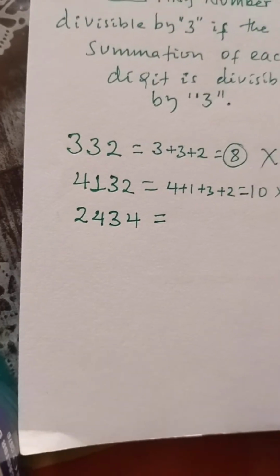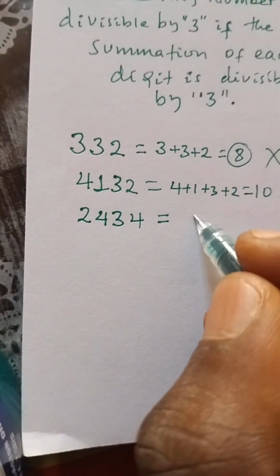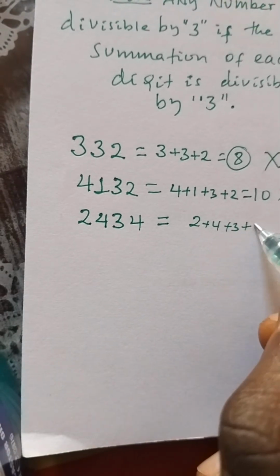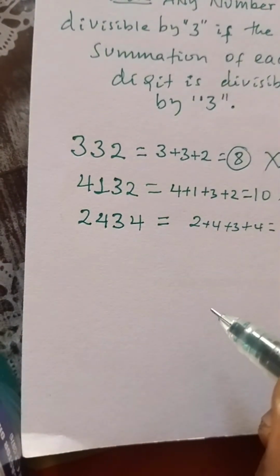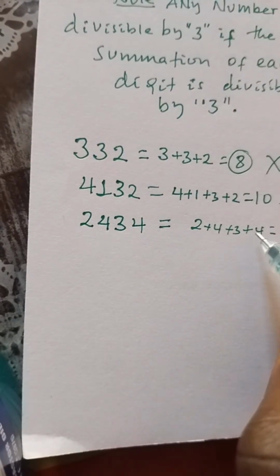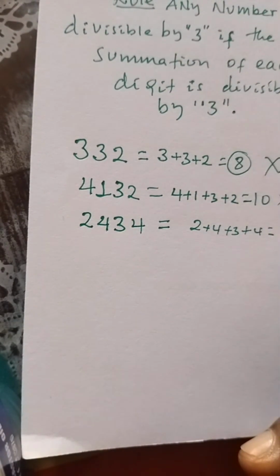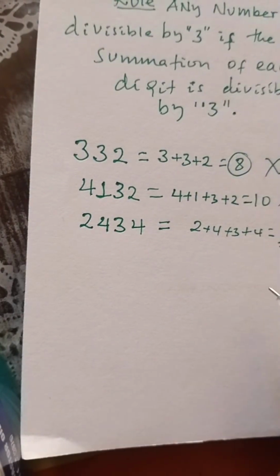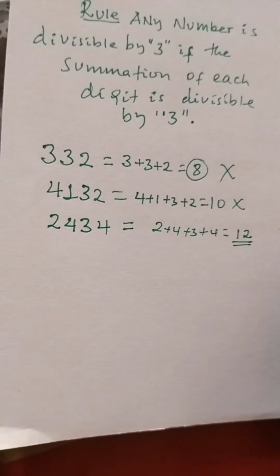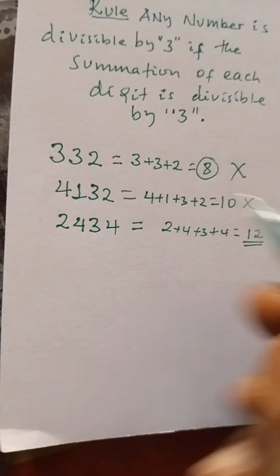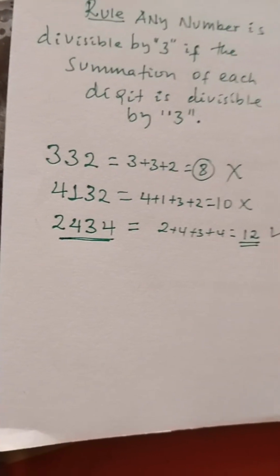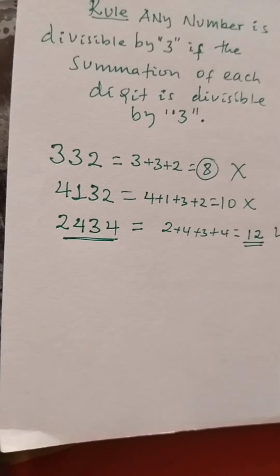We add these digits: 2 plus 4 plus 3 plus 4. 2 plus 4 is 6, 6 plus 3 is 9, 9 plus 4 is 12. 12 is divisible by 3, so this number is also divisible by 3.